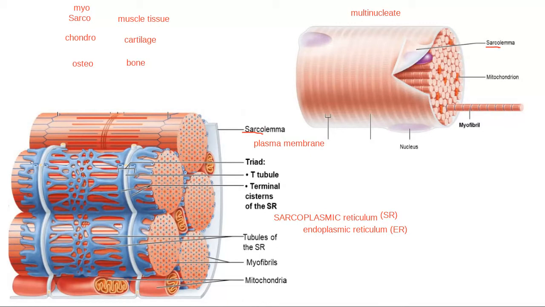Yeah, so the sarcoplasmic reticulum is where I store calcium, and it's where I'm going to release the calcium during contraction. When a muscle does contraction, we're going to spit out calcium from the sarcoplasmic reticulum. That's going to allow us to actually do contraction.